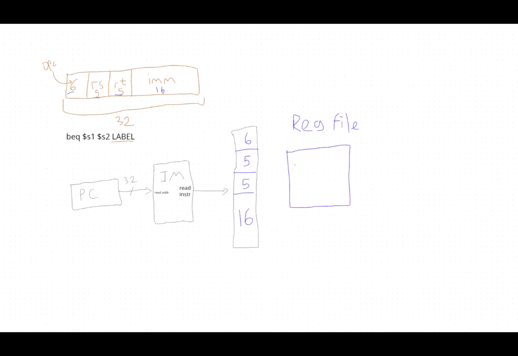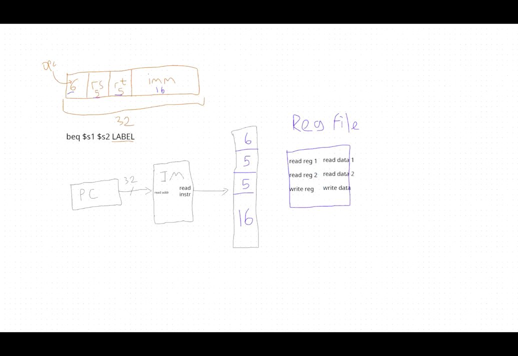All register files are the same: we have the read and write ports. Read register two, and then the write register like this. We're going to change all the registers to data.